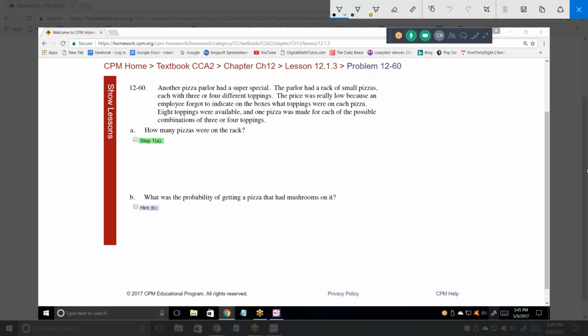All right, let me read this. Well, let me think for a second here. 8 toppings were available, and 1 pizza was made for each of the possible combinations of 3 or 4 toppings.